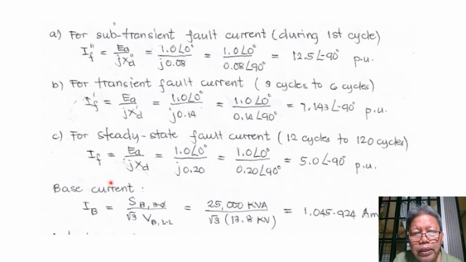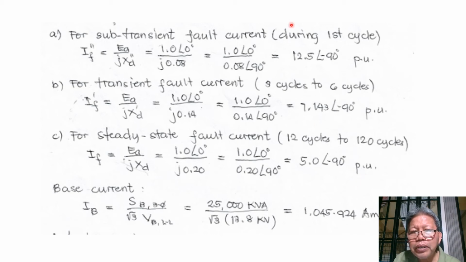So the steady state fault current IF would just be equal to Ea over Xd of the generator. Substituting the values, Xd is 0.2 and Ea equal to 1.0, and computing, we have the steady state fault current equal to 5.0 at an angle of minus 90 degrees per unit.